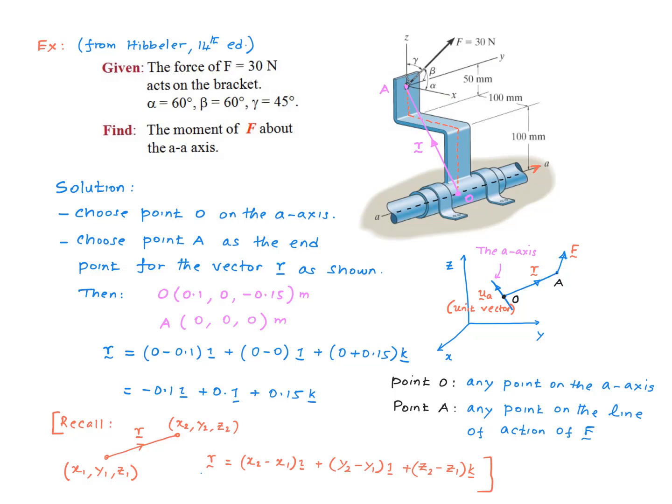In the z direction we go 50 plus 100, which is 150 millimeter in the negative direction to get to point O. So the z coordinate therefore is minus 0.15 meter. Point A, of course, is the origin of the coordinate system, and therefore the coordinates are 0, 0, 0. Now you construct your R vector between the 2 points like shown over here. You recall this from our chapter on the vector analysis, right?